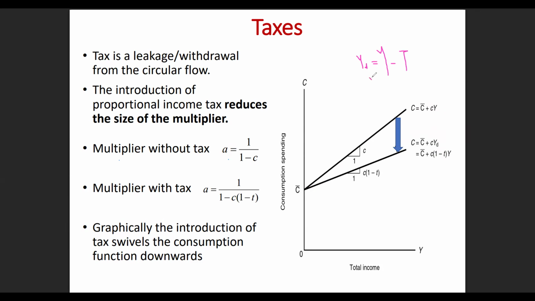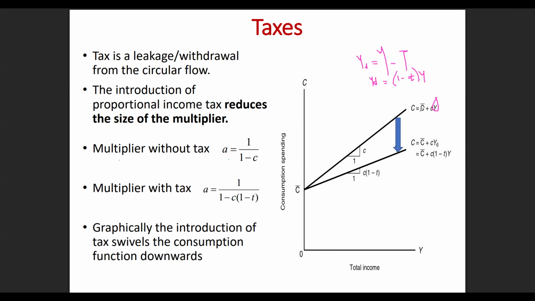Or you can also say your YD is equal to, that is D, guys, this is D, is equal to, you open your bracket, 1 minus T times Y, right? So with the introduction of taxes, this Y no longer just becomes income, but it becomes what? YD, for disposable income. And this is how you calculate disposable income.